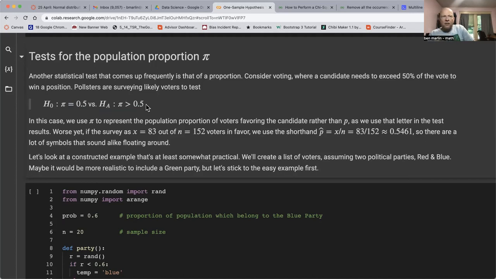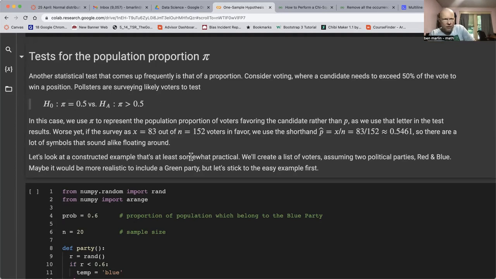I know that what makes sense logically is to say less than or equal to 50% on one side and greater than on the other side for these hypotheses. But it's just logically simpler to talk about the proportion being equal to 50%. All right, so in any case, what did I say here?